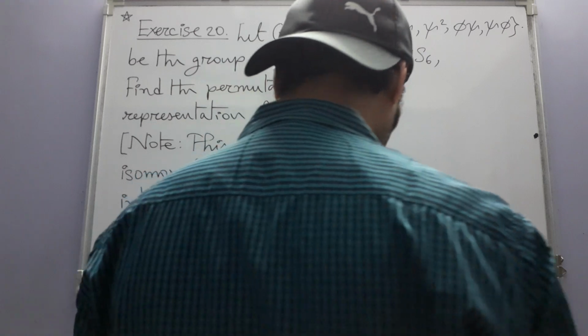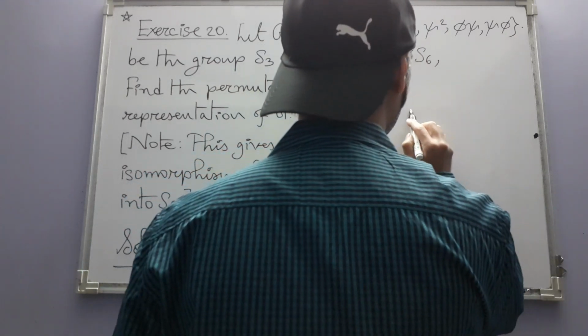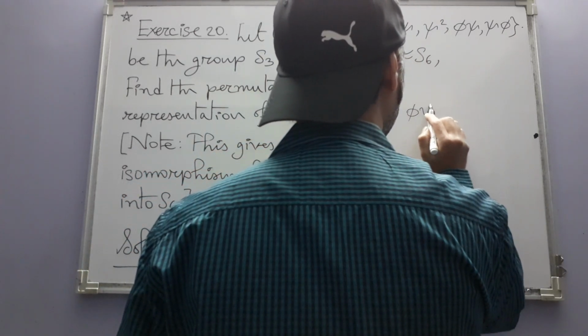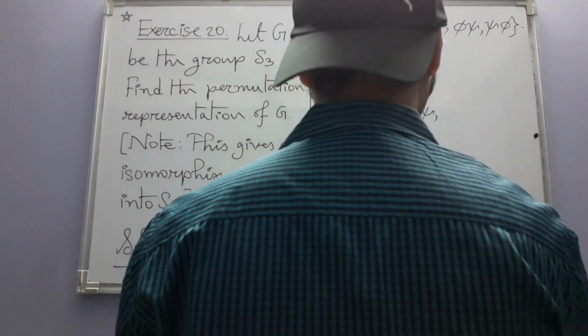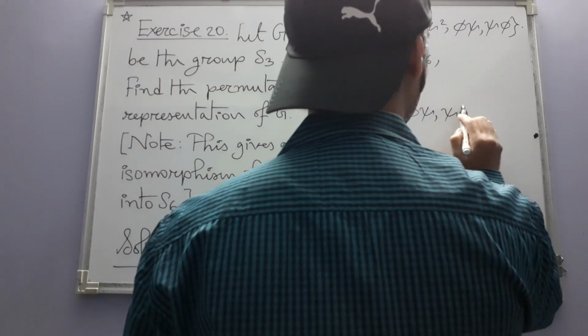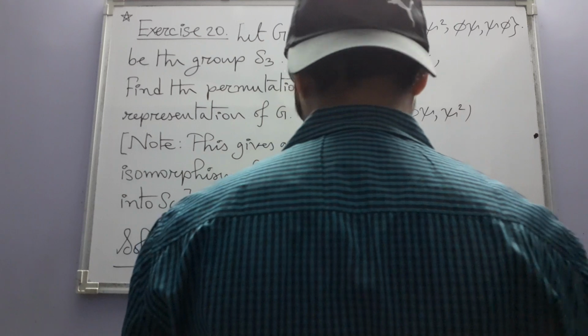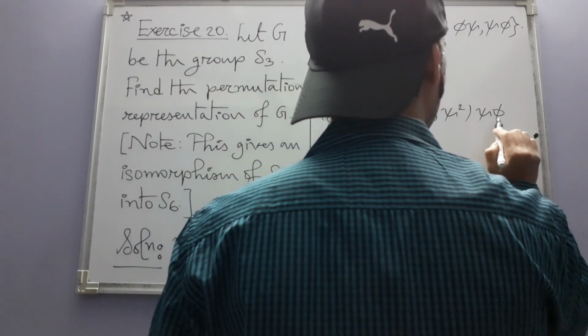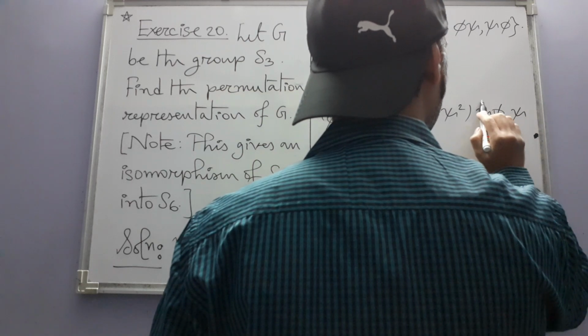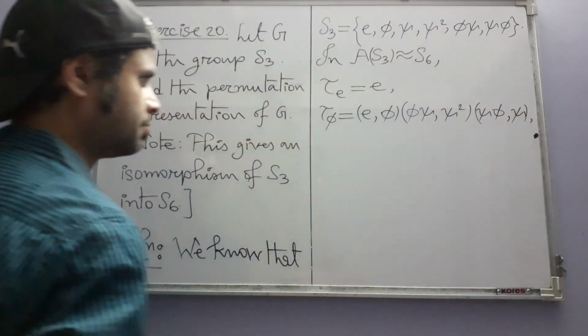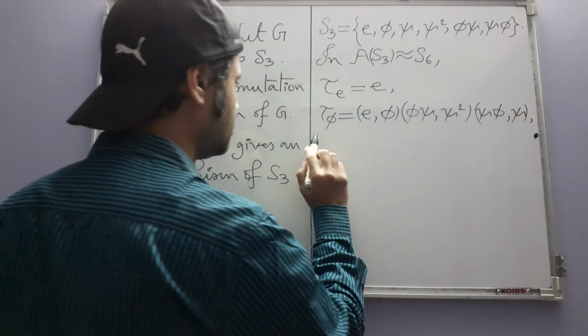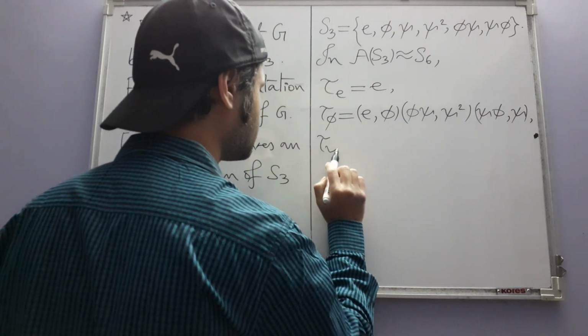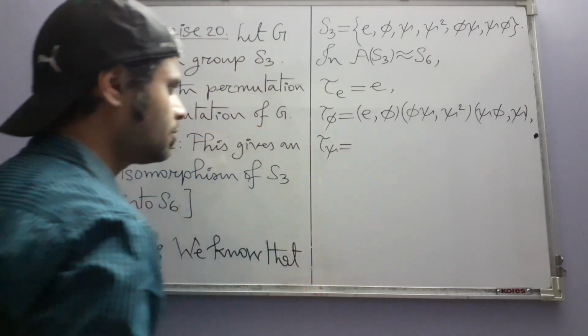E comma phi times phi psi comma psi squared times psi phi comma psi. Okay, next tau psi.